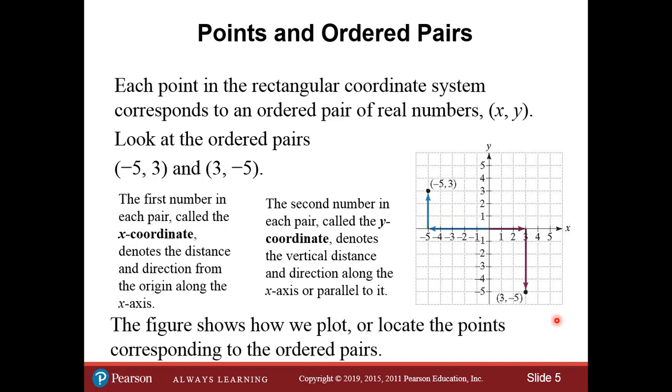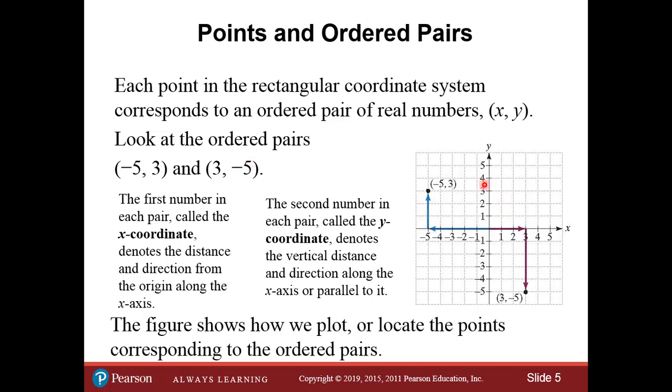For example, here we have these 2 ordered pairs. Here's the xy pair, and we have -5, 3. That means -5 in the x direction, so we're going to the left in this case, and going up 3 units. Versus if we flip the ordered pair and say 3, -5, well, these 2 ordered pairs are not the same, because this means 3 units to the right and 5 units down.